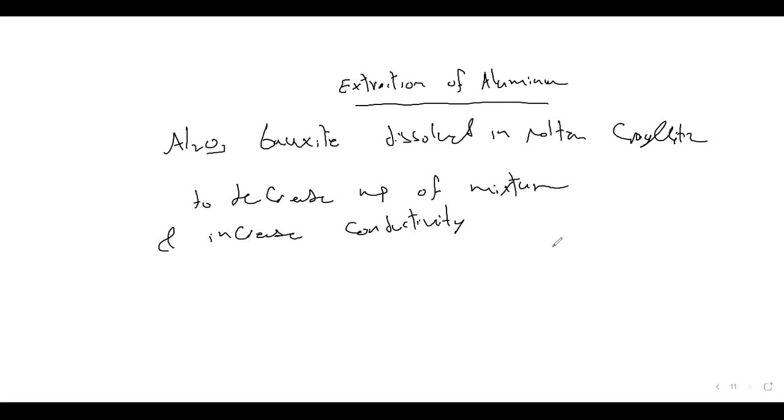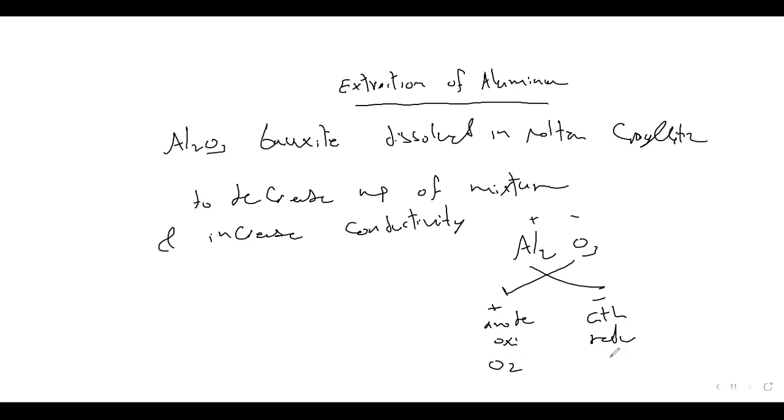After that, you will find that aluminium oxide, molten, has positive and negative ions. Positive moves to the negative, negative moves to the positive. Positive is the anode, oxidation takes place. Negative is the cathode, reduction takes place. And then oxygen is formed at the anode and aluminium is formed at the cathode.